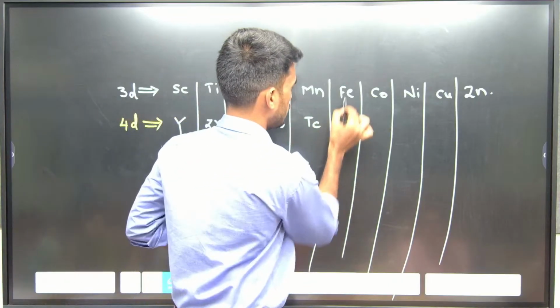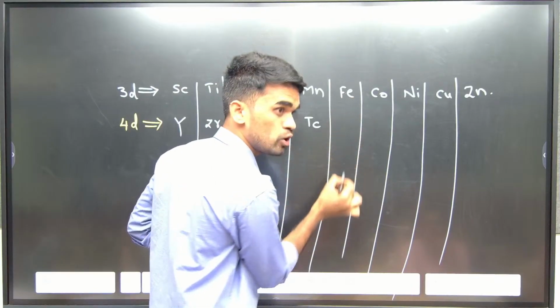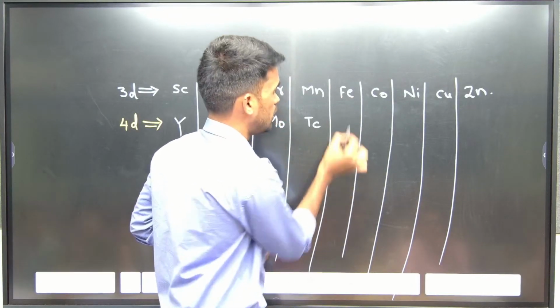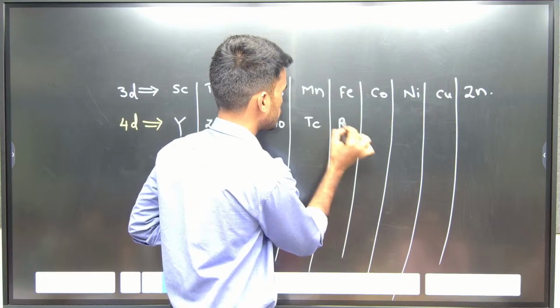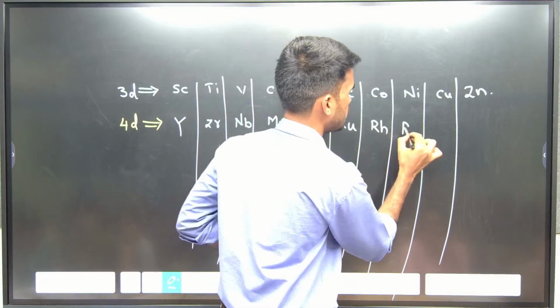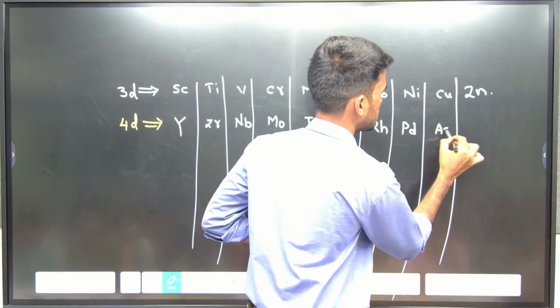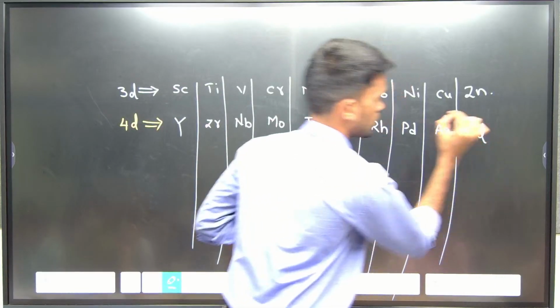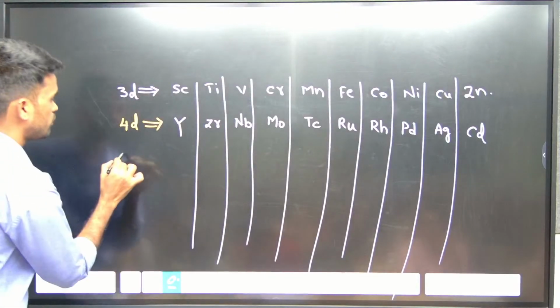Next, this group you remember it as ferrous. Ruthenium, rhodium, palladium, silver, cadmium. Okay, done. Next, this one, 5D series.